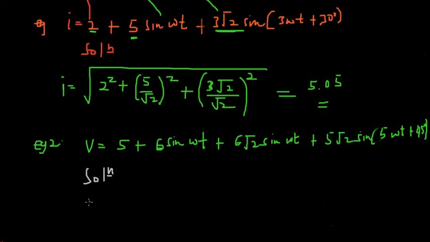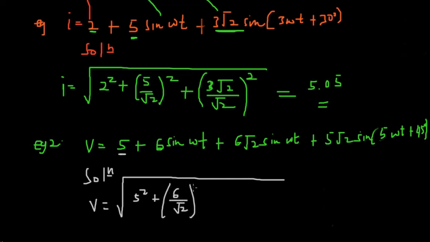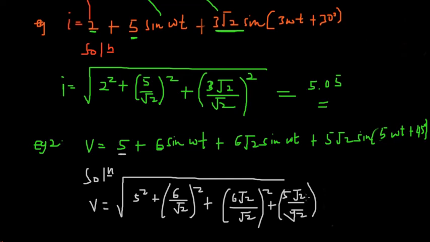We start from V, these are A. So from here we have A naught, so we have 5 squared, plus 6 on root 2 all squared, plus 6 root 2 on root 2 all squared, plus 5 on root 2 divided by root 2, all squared.